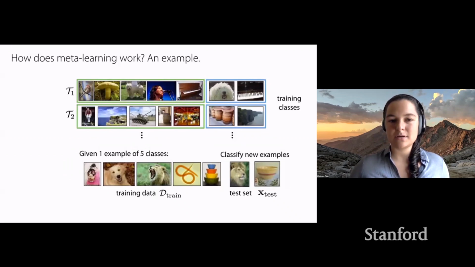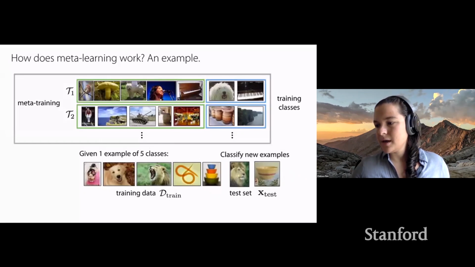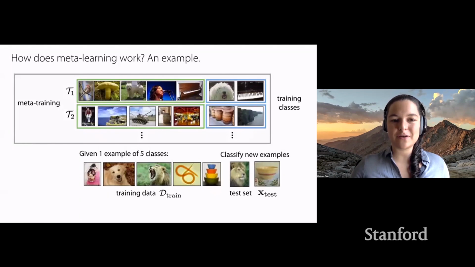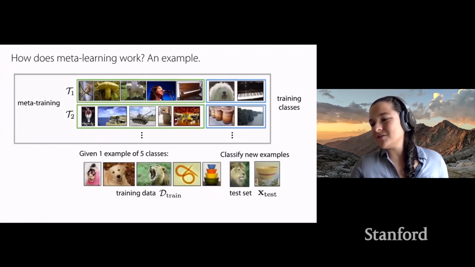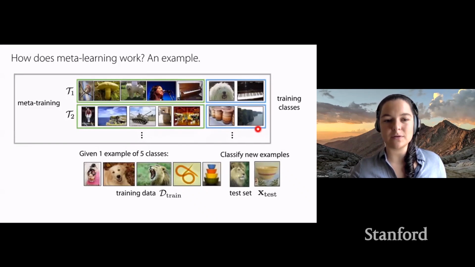And we'll construct these training sets and these testing sets for many different image classification tasks. These will be constructed among a large number of training classes, which will be different from the classes that are used at test time. The goal is to train a model such that after it sees this training data set on the left, it can effectively classify new examples in the test set on the right.